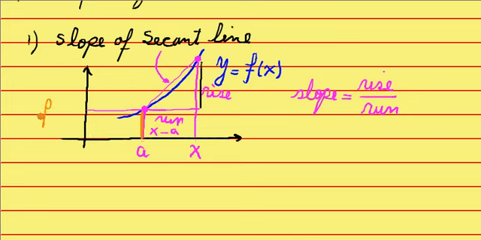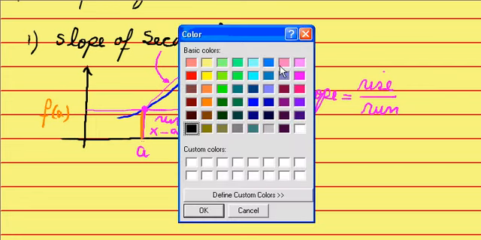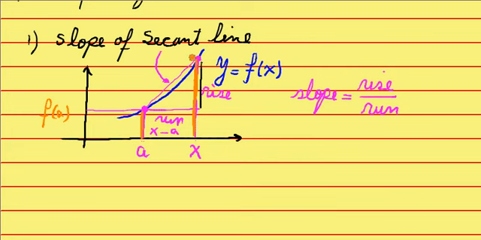That's what we mean by the function notation. f of a is how tall this thing is. f of x is the height of the function here. So if I go on the y-axis, the height at this point is f of x.